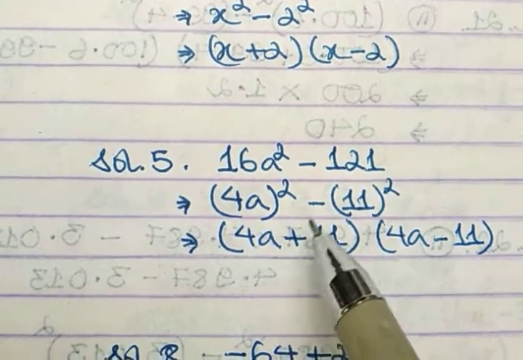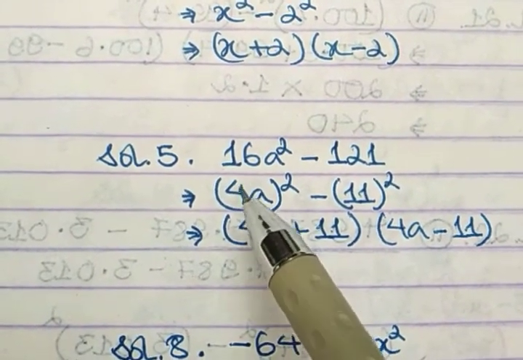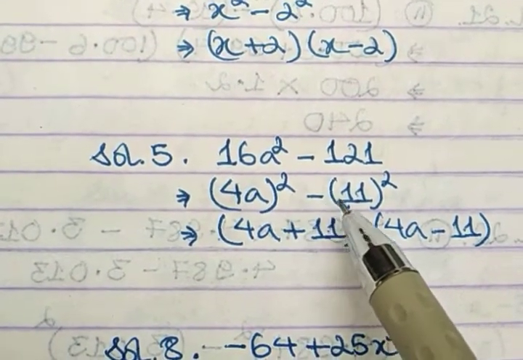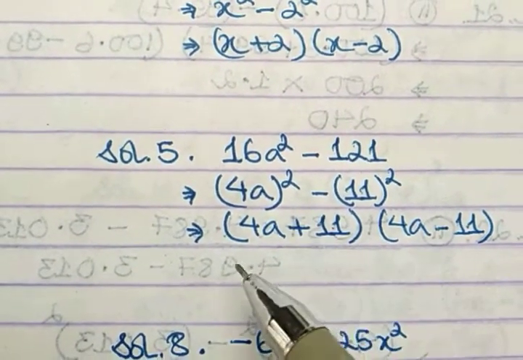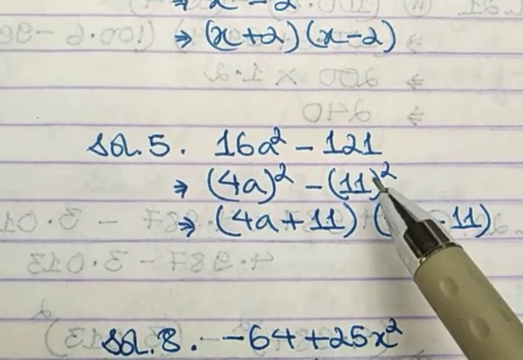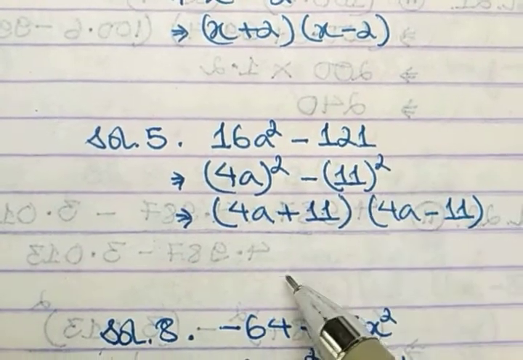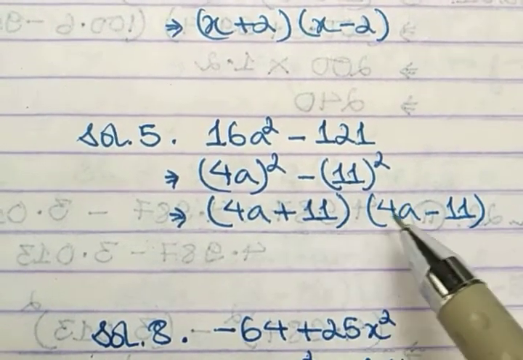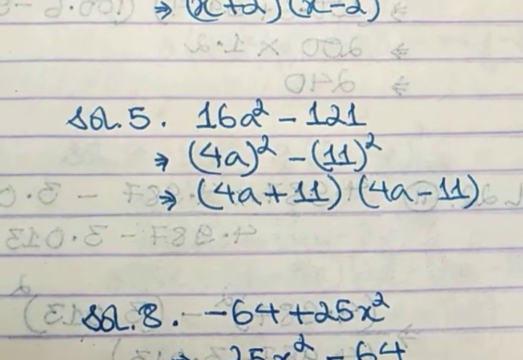And minus 121, a perfect square of 11. Within brackets I have 4a whole square minus 11 square. In place of a I have 4a, in place of b I have 11. The expansion is simple, a plus b and a minus b. So 4a plus 11, 4a minus 11.